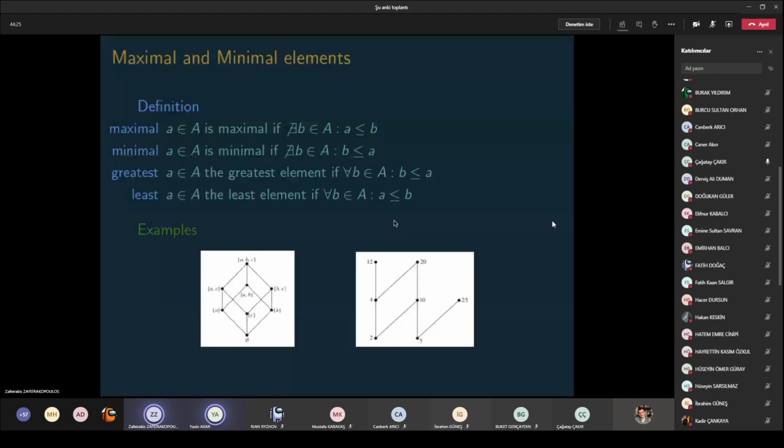There should be a relation directly to be comparable. Okay, you said 2 and 5 are not comparable. Yes. The reason is there is no direct line between them. Okay, it's clear now.